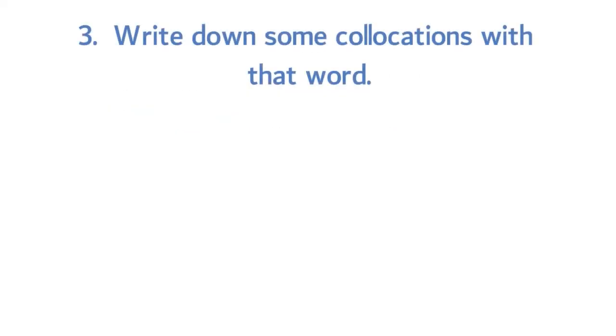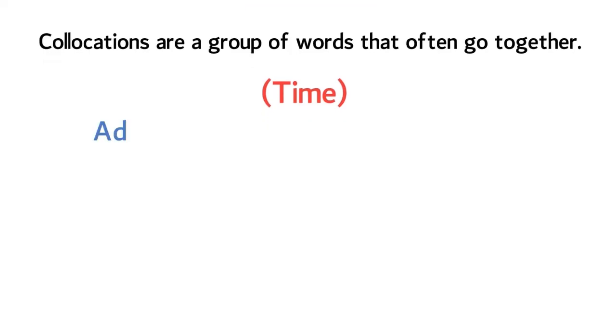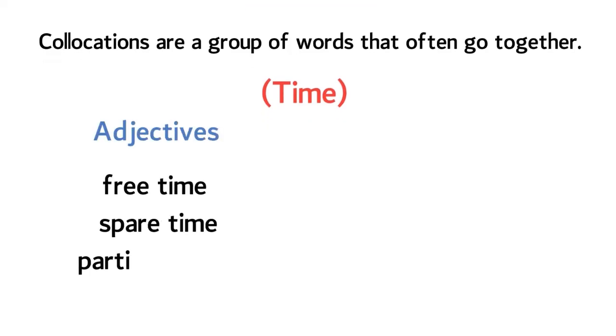Step 3. Write down some collocations with that word. But what are collocations? Collocations are a group of words that often go together. For example, in the case of the word time, what words can we use that usually go with time? We can use adjectives such as free time, spare time, particular time.